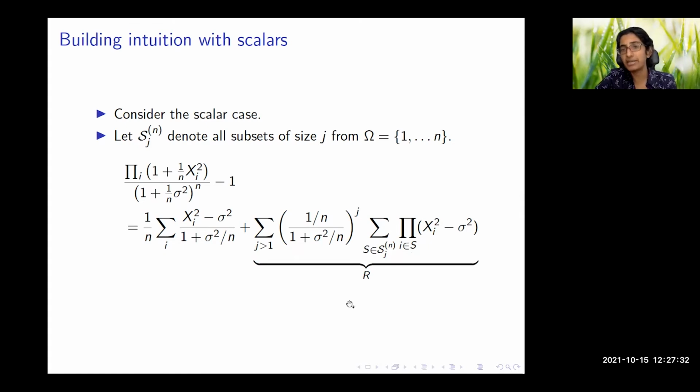The beauty of the remainder is all of those sums, they're all uncorrelated. Even though it's not clear when I write it out like this, if you just took the quadratic term and wrote it out, you will see that they're all sums of uncorrelated random variables. So it's very easy to control that remainder. And overall, the first term dominates and the first term behaves like a normal. So this is kind of where there is some hope of a normal convergence coming in.